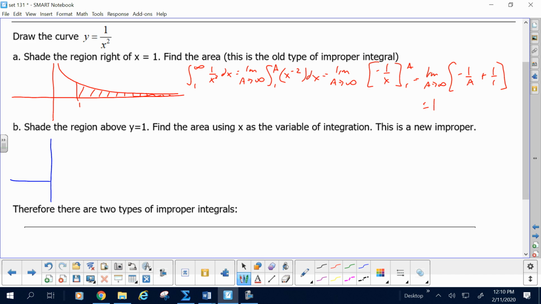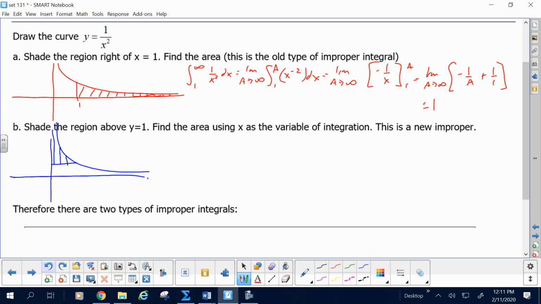We'll go through a little more detail here. If you did the same curve, but instead you shaded this tail of the curve, it has symmetry across y equals x, and therefore it should be the same. Now, if we find this area using x as the variable of integration, then don't my rectangles still go up and down?